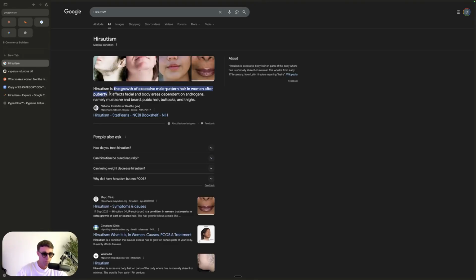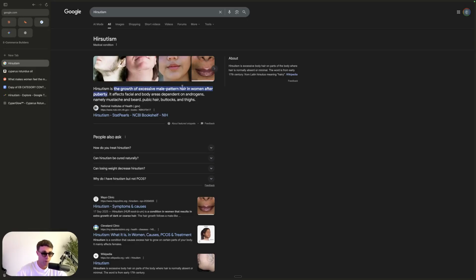And then what we can start doing, if this angle was to work well, which we'll get into in another video, is break that down into sub angles based on the area of the body that people are struggling with.